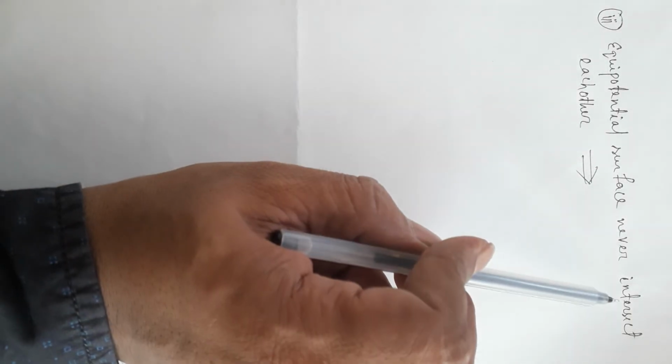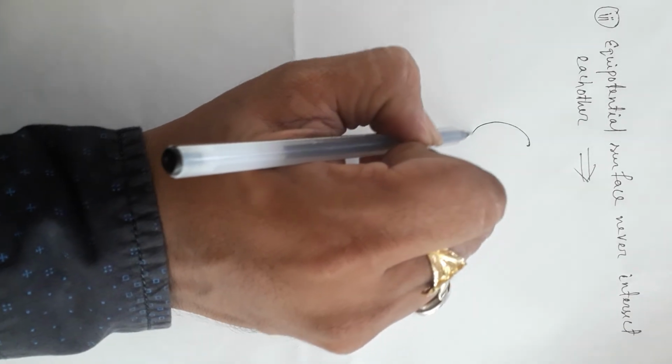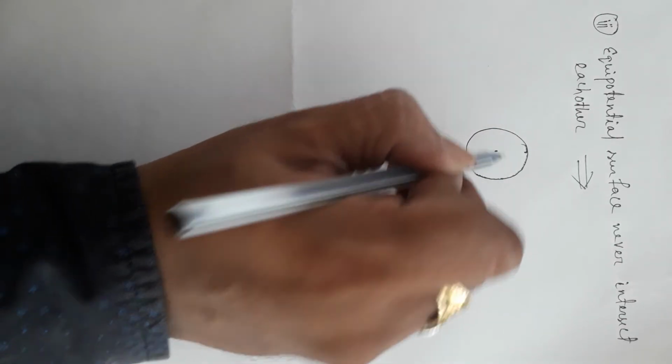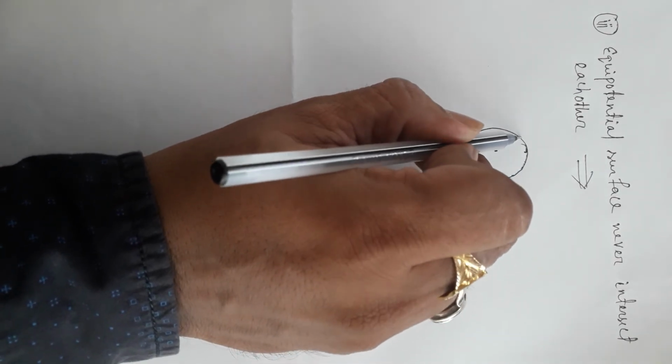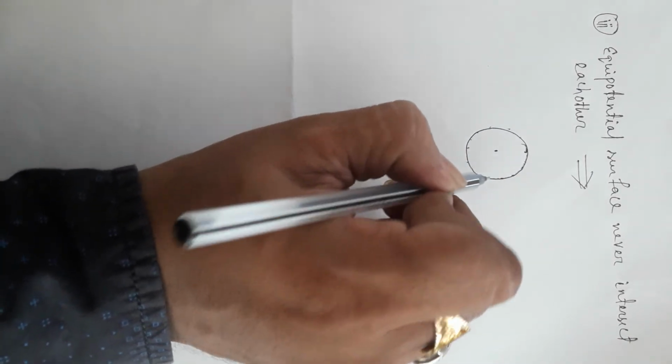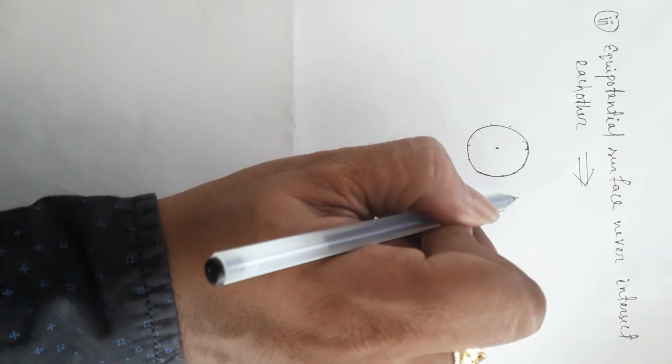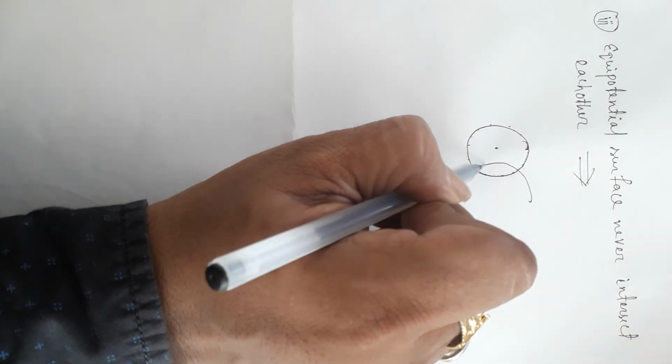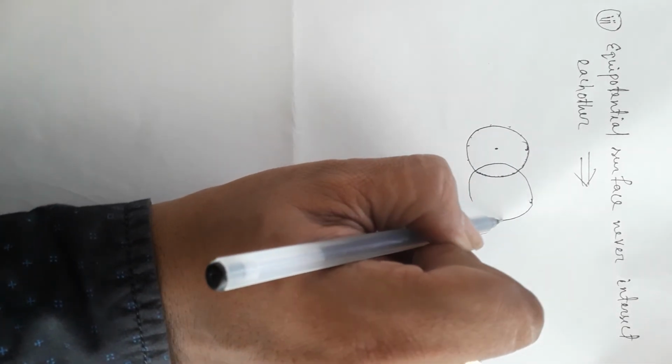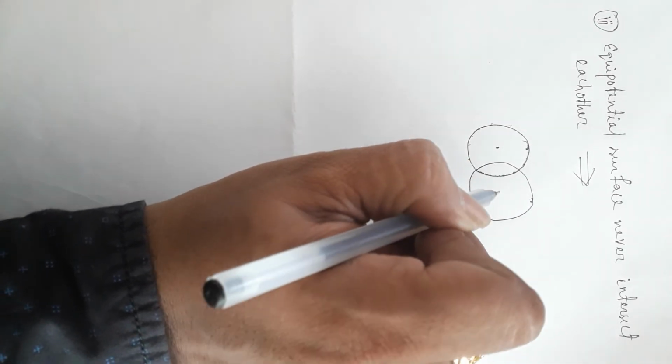The next property is that equipotential surfaces never intersect each other. It is a very important property. If this is an equipotential surface, at each point the potential is the same. Let's take another surface, and consider that the two surfaces intersect each other.